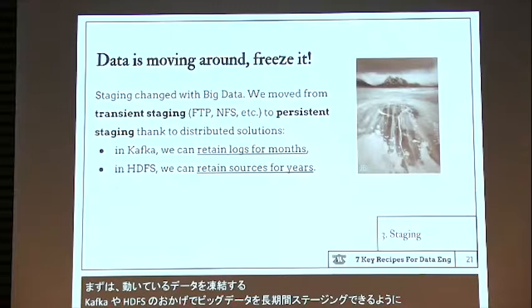Since we have limited space and a lot of distributed technology out there that is, I would say, simple to use, we don't require transient staging anymore. So we can use the staging space as a persistent place.